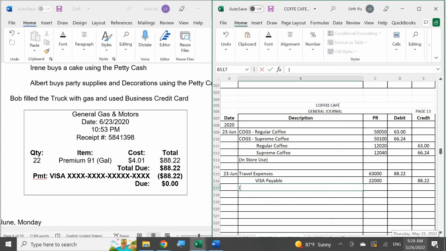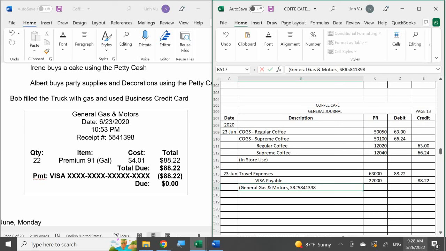All right, and who is the gas station that we paid? General Gas and Motors. Okay, receipt number $5841398.